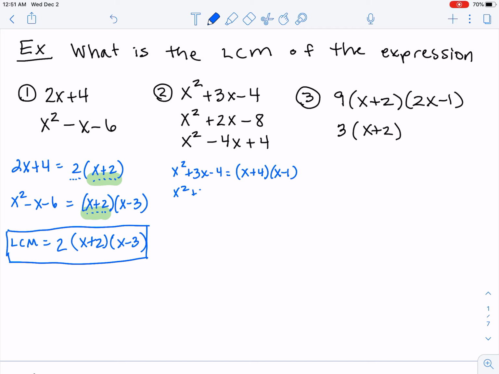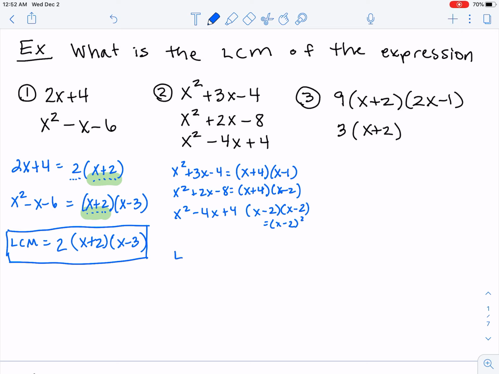For x squared plus 2x minus 8, that factors into x plus 4 and x minus 2. And then I've got x squared minus 4x plus 4. And that factors into x minus 2 and x minus 2. Well, let's see, that equals x minus 2 quantity squared.